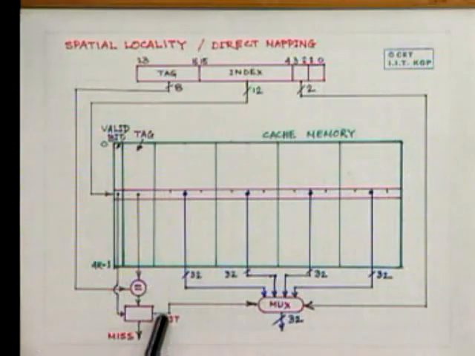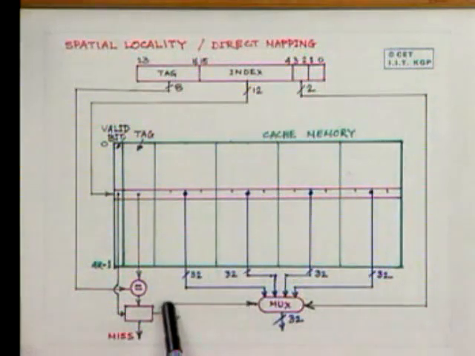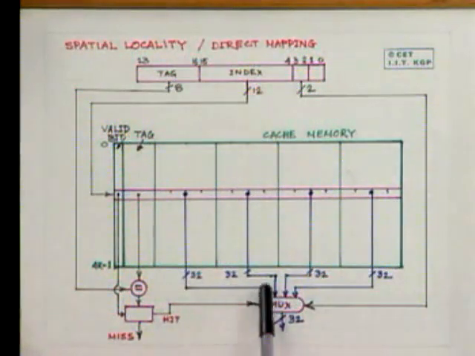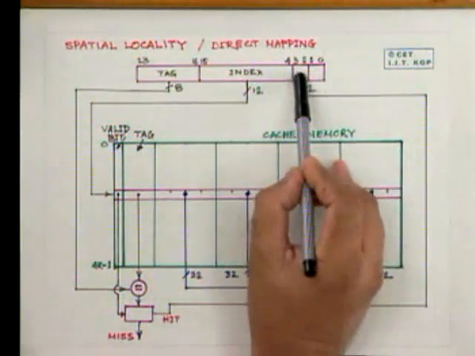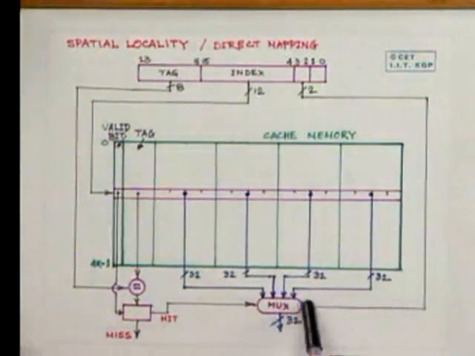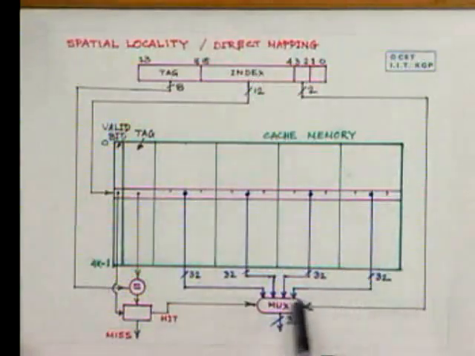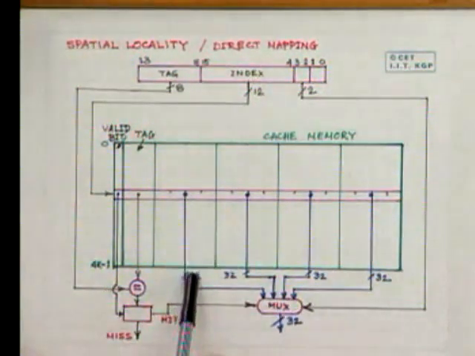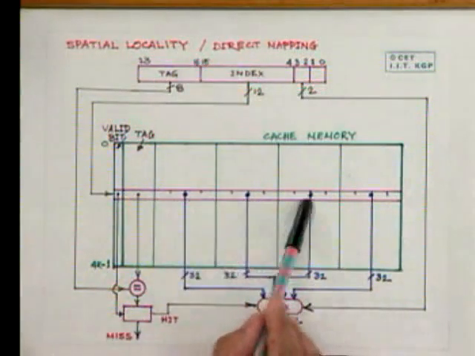This logic decides that if these are equal and the valid bit is 1, then it is a hit, and then that particular word which is addressed by these 2 bits is taken out through this mux. That means all the inputs to the mux are the 4 blocks.